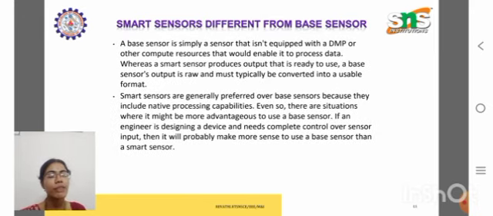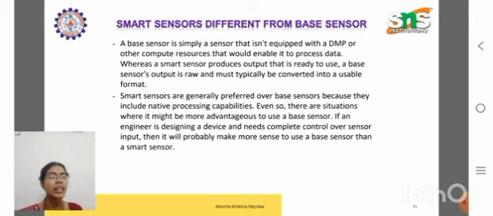Smart sensors differ from base sensors. A base sensor is simply a sensor that isn't equipped with a DMP or other compute resources that would enable it to process data. Whereas a smart sensor produces output that is ready to use, a base sensor's output is raw and must typically be converted into a usable format.